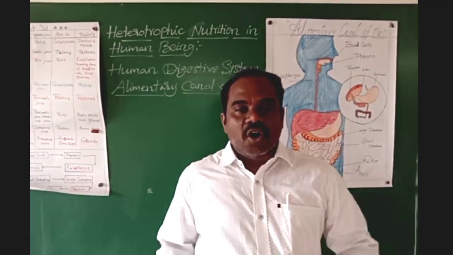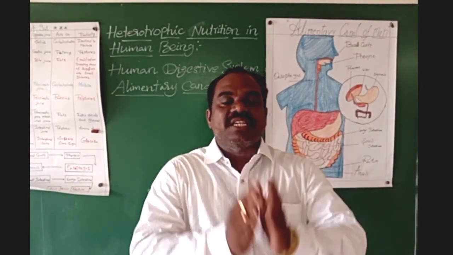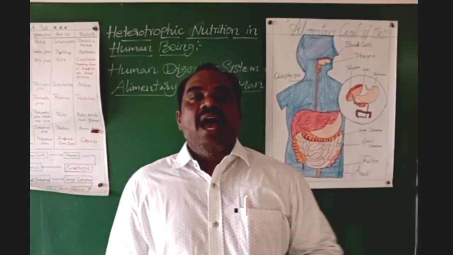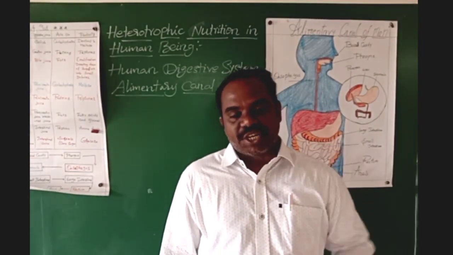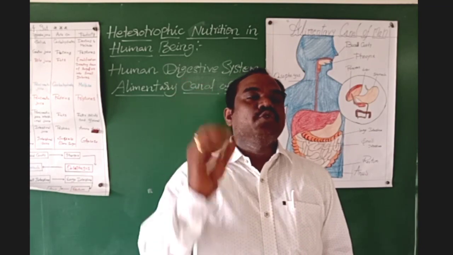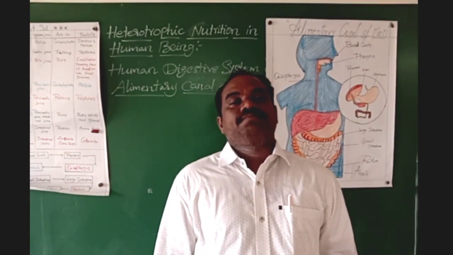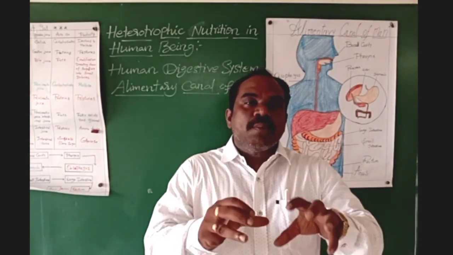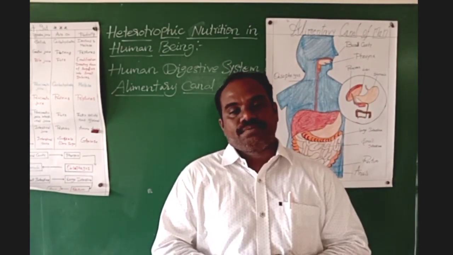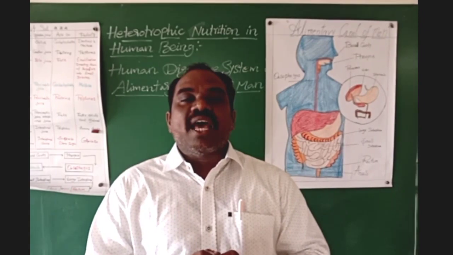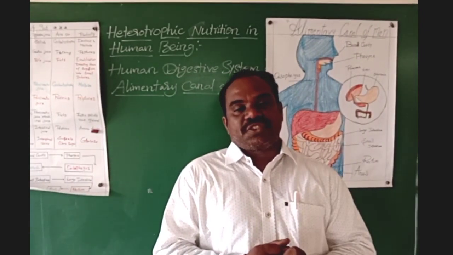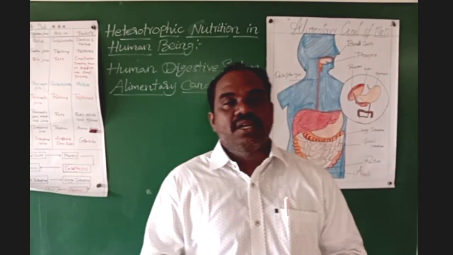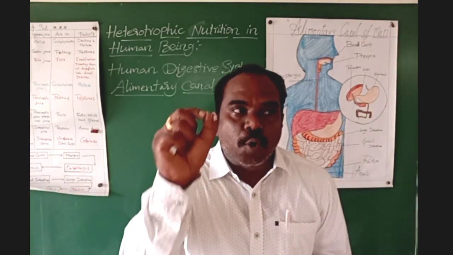Parasitic nutrition. The previous class explained nutrition in amoeba and paramecium. Amoeba is a unicellular, or single-celled, organism. Amoeba obtains food through finger-like projections, finger-like structures called pseudopodia.